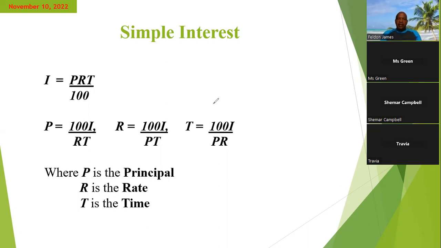left-hand side. Now, when we have an unknown by itself on one side of the equation, that unknown is referred to as the subject of the formula. So the subject is that unknown which is by itself on one side of the equation. Now, it can be on the right or it can be on the left.